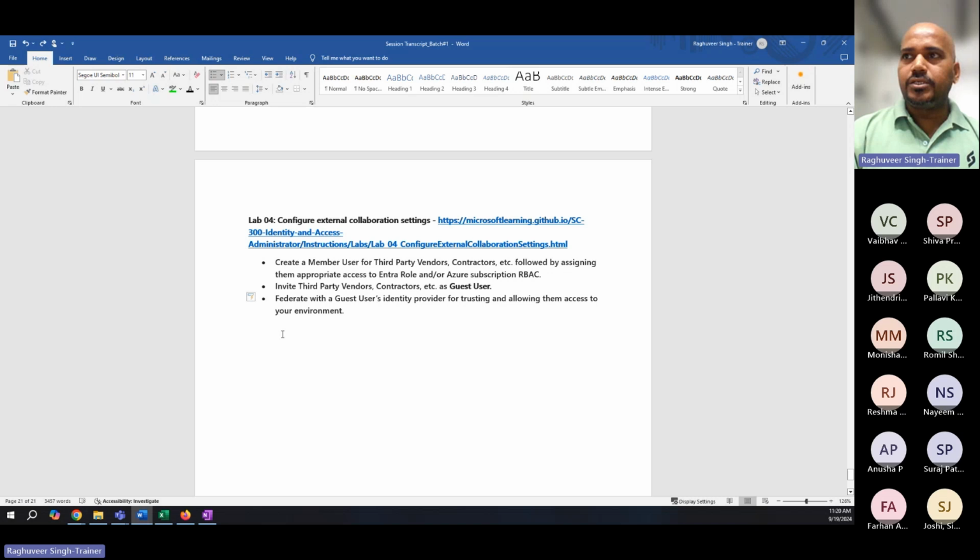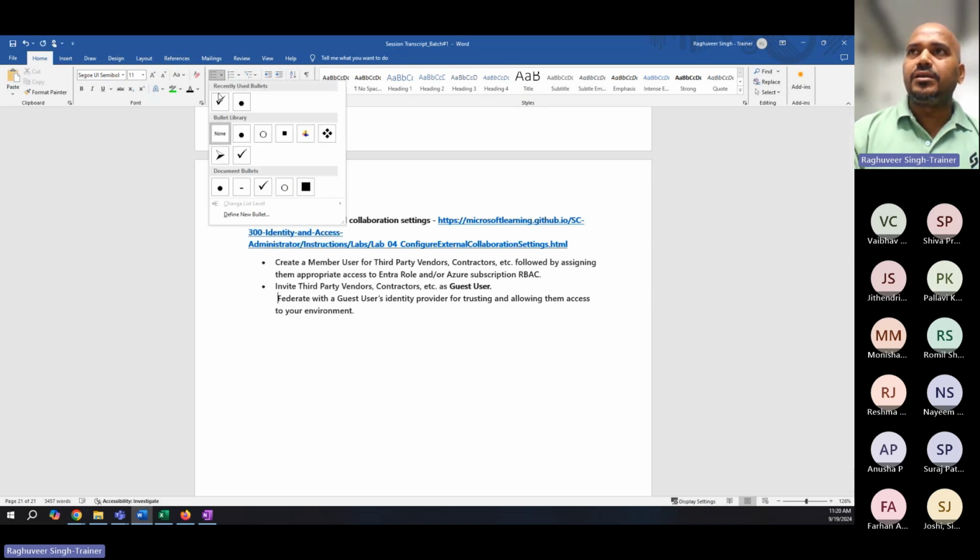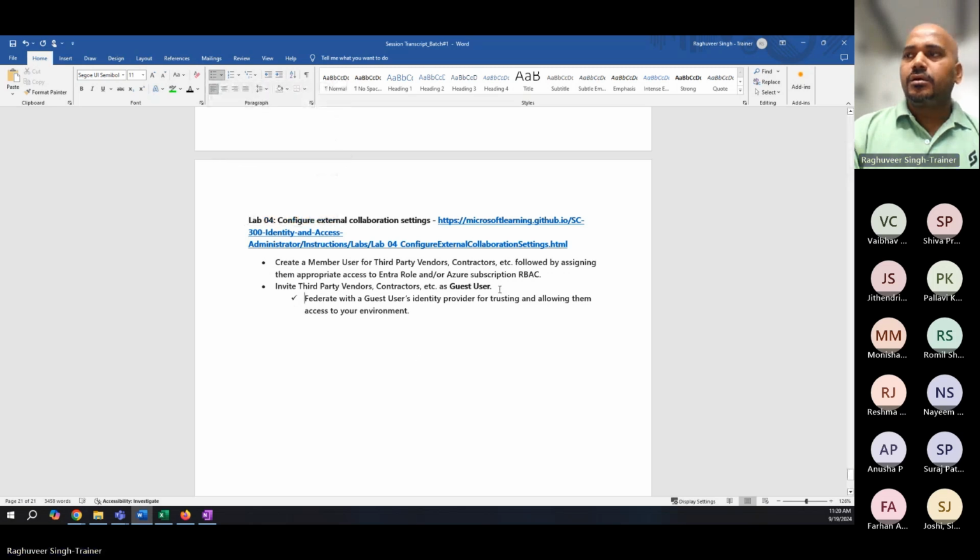So when you invite a guest user, you need to make sure that you create a trust between your Entra tenant and their tenant, so that when that user signs in, Entra will approach the tenant or the identity provider of that user with the credentials to get verification, to get authentication.